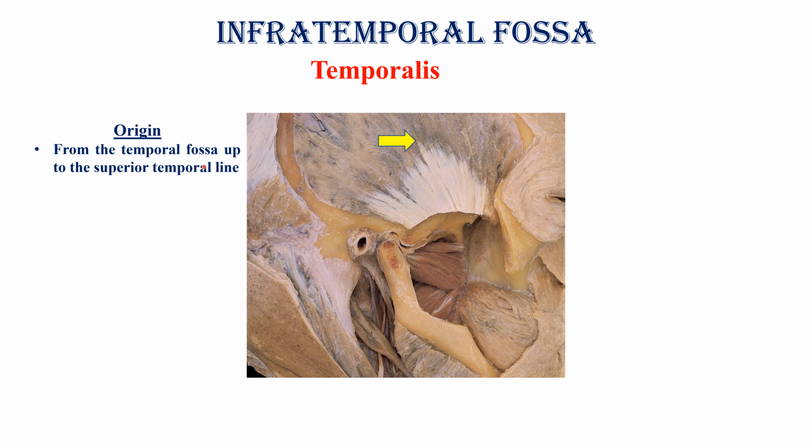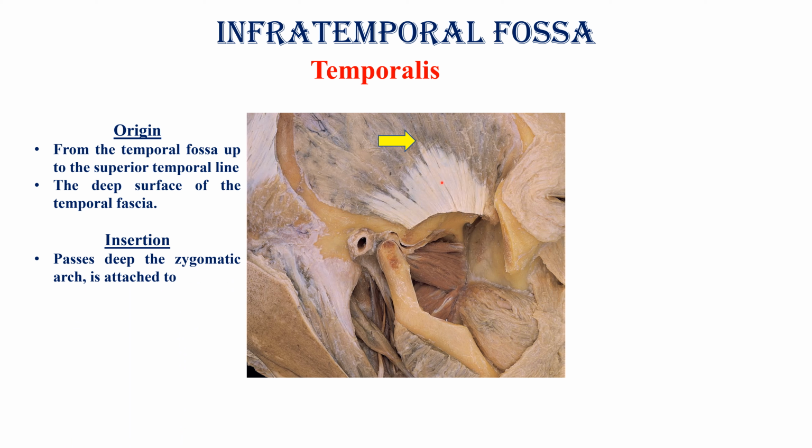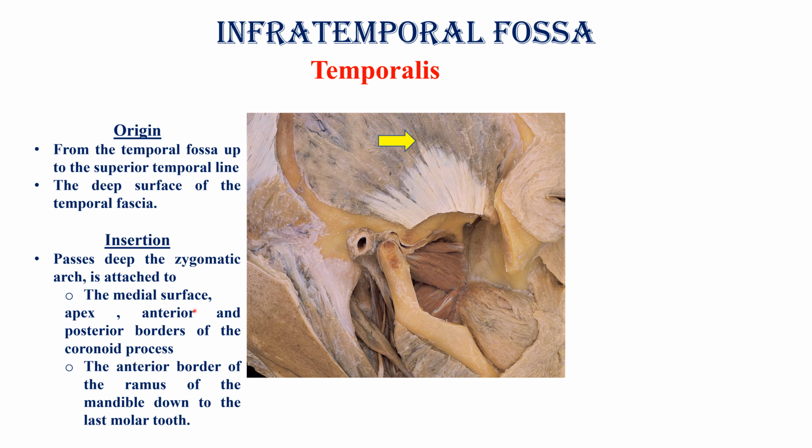The origin of that muscle is from the temporal fossa up to the superior temporal line on the skull, and the deep surface of the temporal fascia, this fascia here, which is a very strong fascia covering the muscle. The insertion is after it passes deep to the zygomatic arch, which is broken here, to be attached to the medial surface of the apex, anterior and posterior borders of the coronoid process, and the anterior border of the ramus of the mandible down to the last molar tooth.